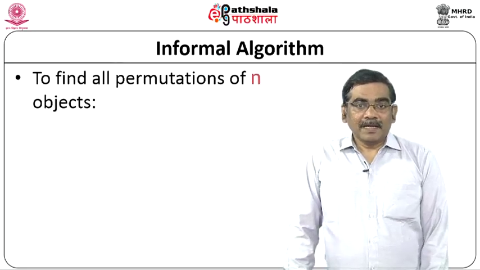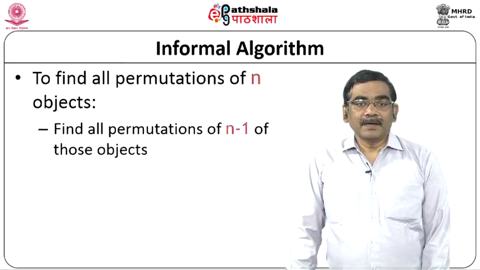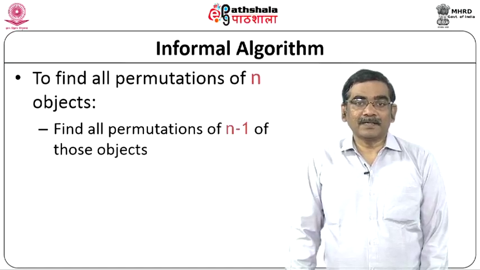What is the informal algorithm for this? Suppose you are given a set of n objects. In decrease and conquer, as we discussed, the problem of instance n is reduced to a problem of n minus 1.